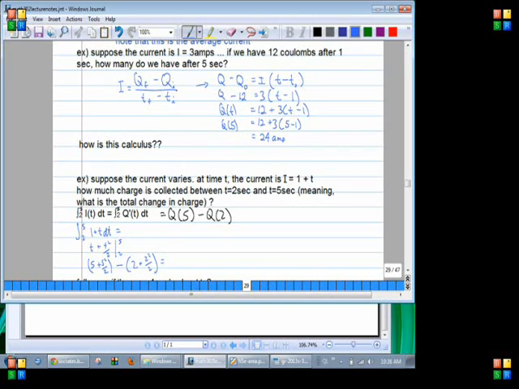And that just works out to be, what? 13.5. By the way, 13.5 what? What are we measuring? Exactly, we're measuring charge, so coulombs.